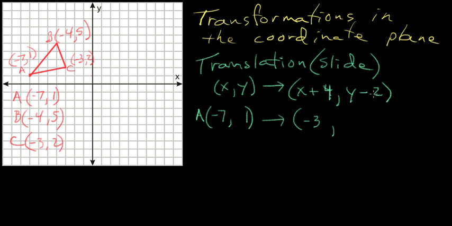And Y minus 2, Y is 1. What's 1 minus 2? That's -1. So my new point, point A prime, is going to be -3, -1. So I look at -3, -1. So there's A prime.